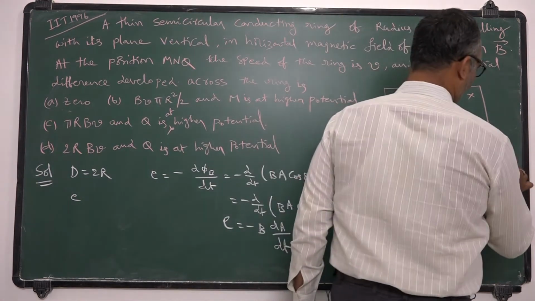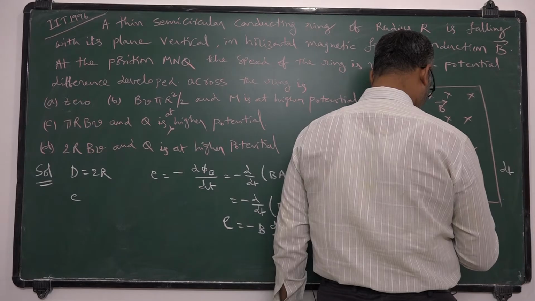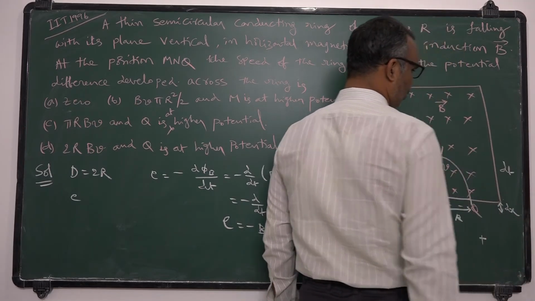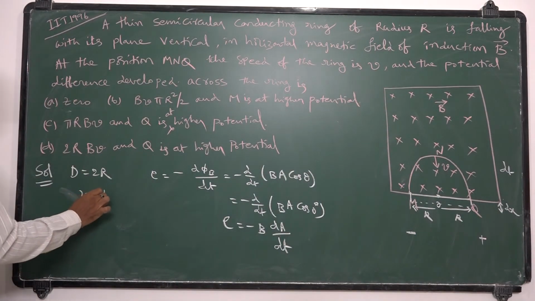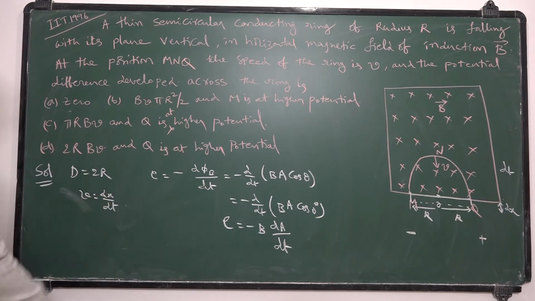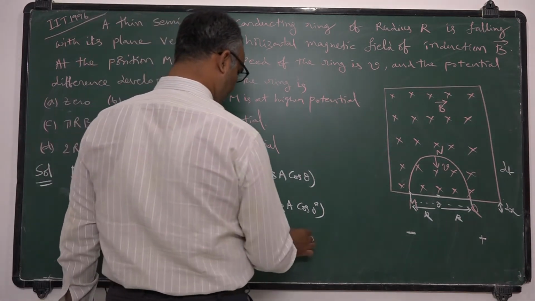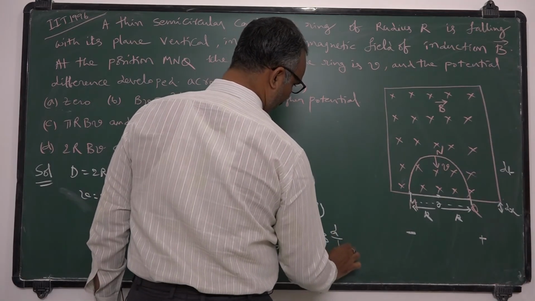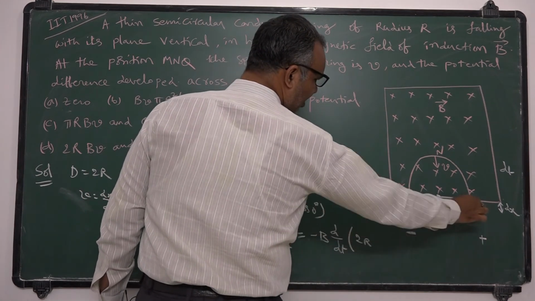Within dt time, suppose this loop comes down to a new position through a distance dx, then velocity is given by dx by dt. Now, what is the change in area observed here? 2r is the length of the rectangle.